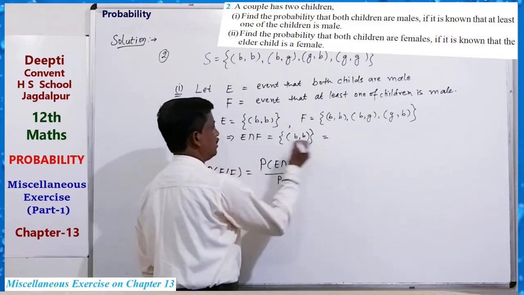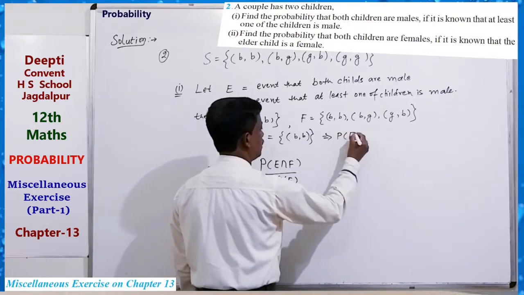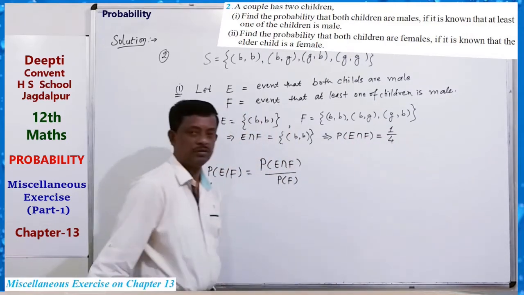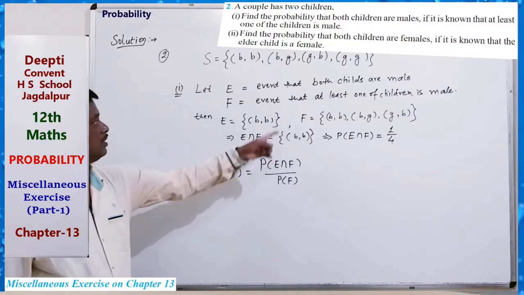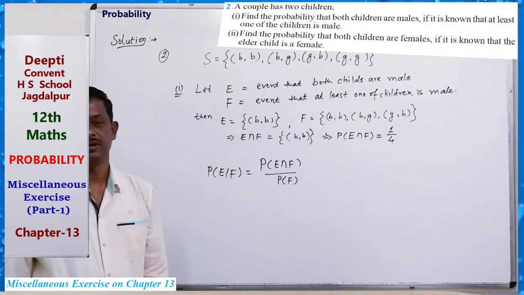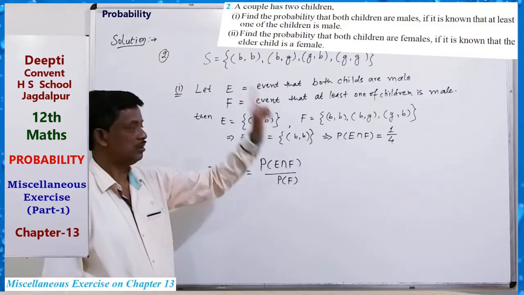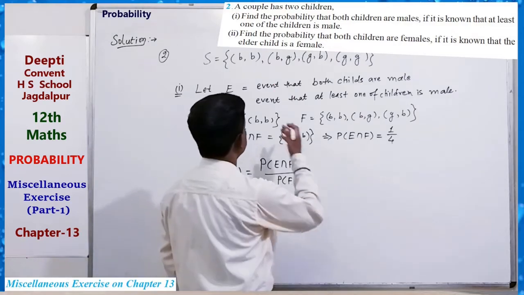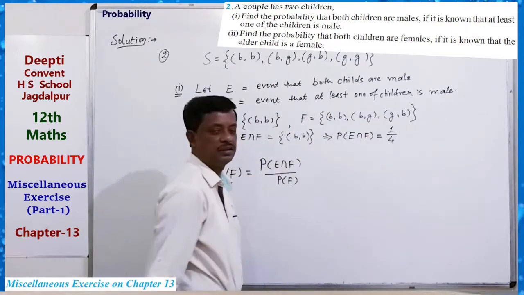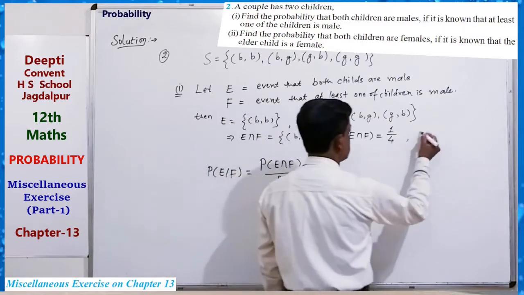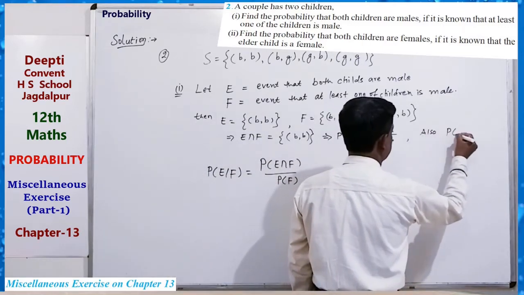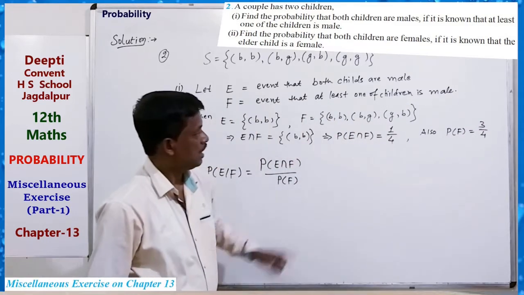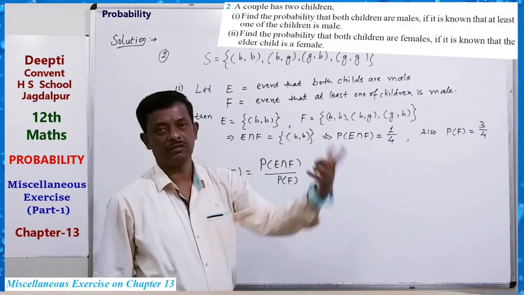So this implies its probability P(E intersection F) equals 1 upon 4. Very clear, because there are 4 possible cases, the favorable case is 1, and the total is 4. So 1 by 4. P(F), at least one of the children, equals 3 by 4. Why? Because the favorable cases for F are 3 out of 4.